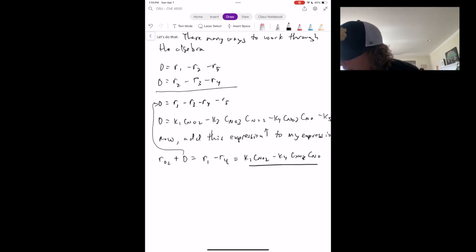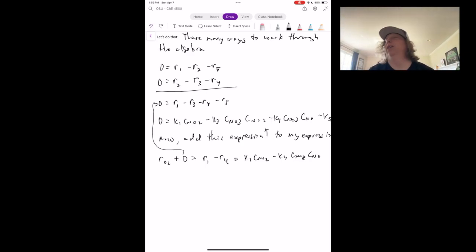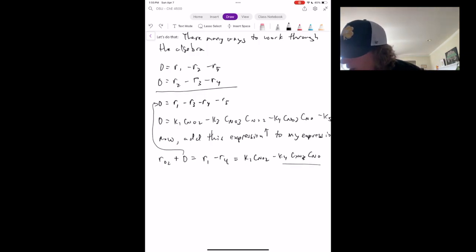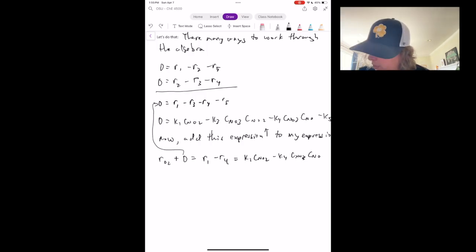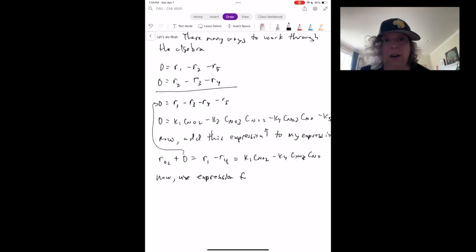And so what I've done here is simplify down into having this one term that I need to worry about. What I'm going to do now is use my expression for RO to write CO as a function of CNO3.